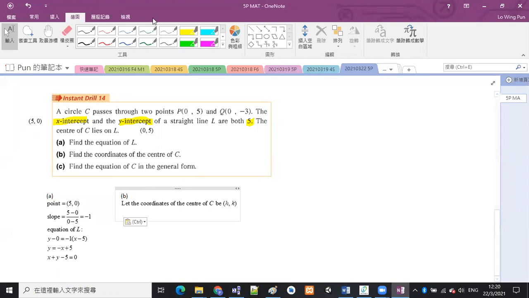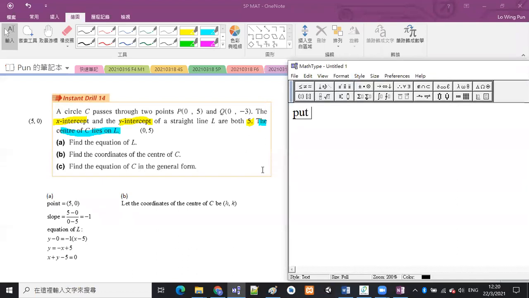First, again, the center of C lies on L, which means that we can put these coordinates into the equation of L. Okay, so put (h, k) into L. Okay, so h plus k minus 5 equals 0.